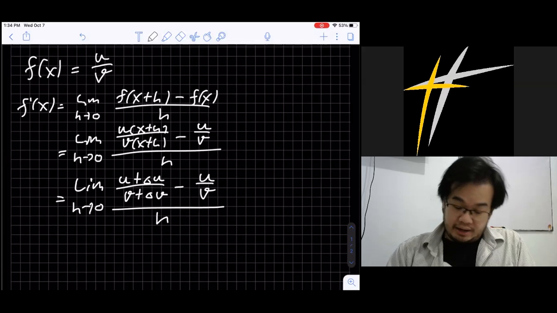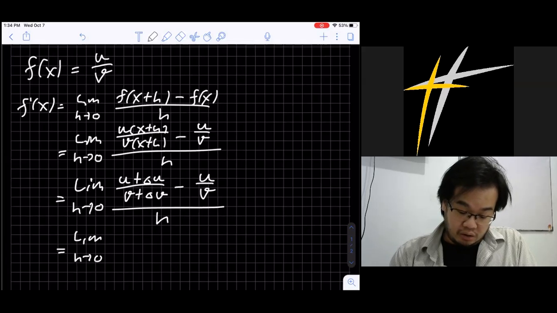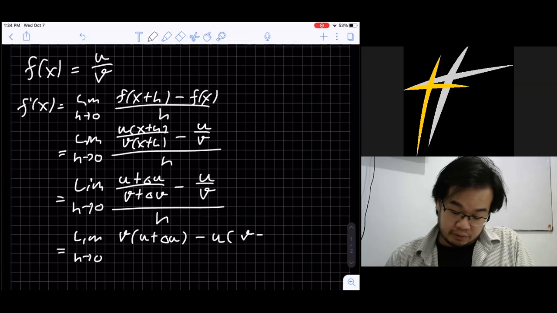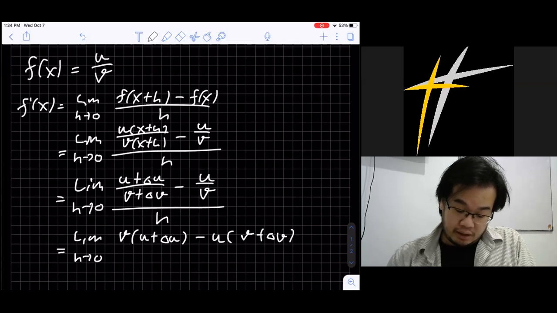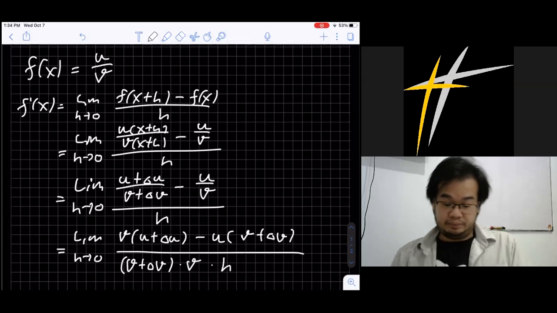Then we cross multiply, so it's equal to the limit as h approaches 0 of v multiplied by u plus delta u, minus u multiplied by v plus delta v, over v plus delta v times v times h, right?